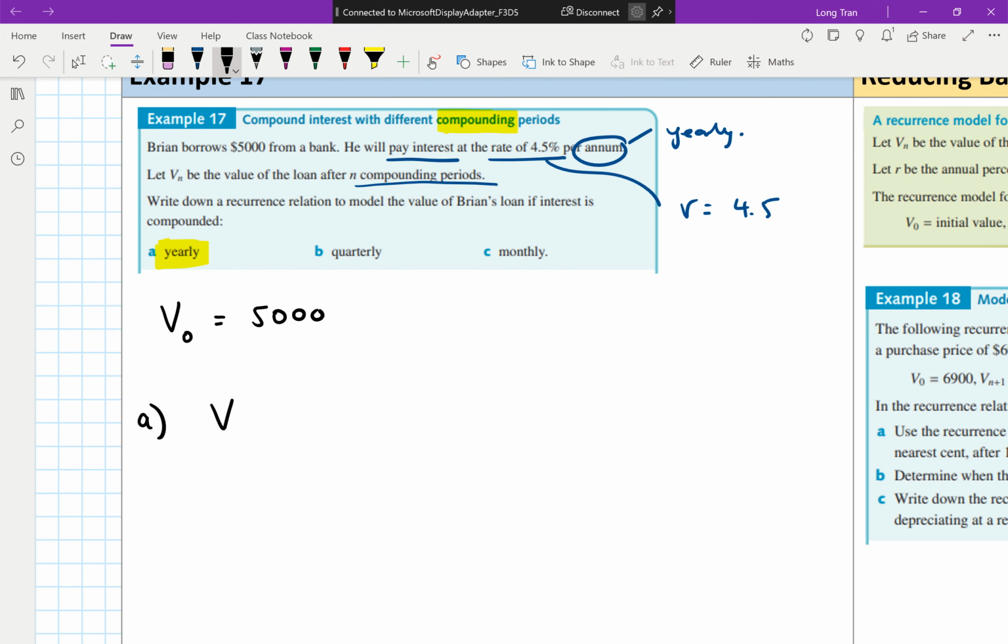Next one in A. We know that Vn plus 1 is equal to the rate. So remember R times Vn. That's the rule that I asked you to copy down. R is 1 plus the rate over 100 times Vn. The Vn that we're starting off with is the initial. So here we go.